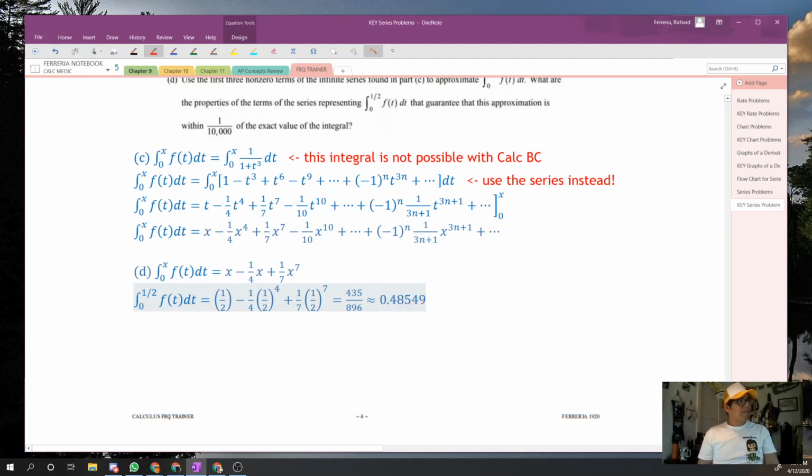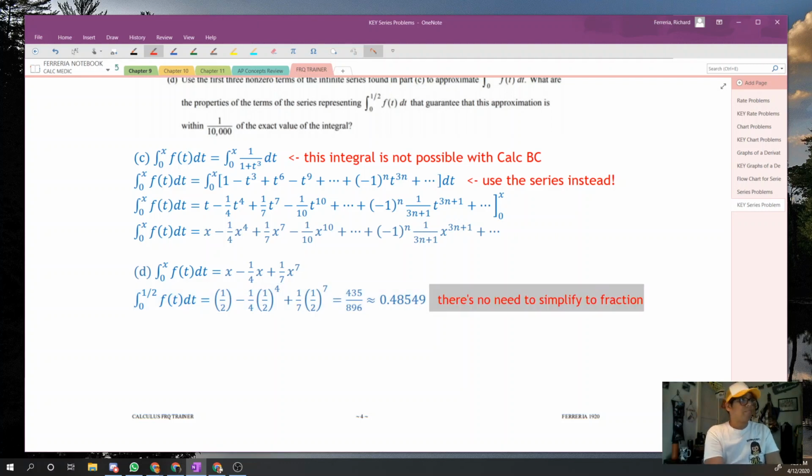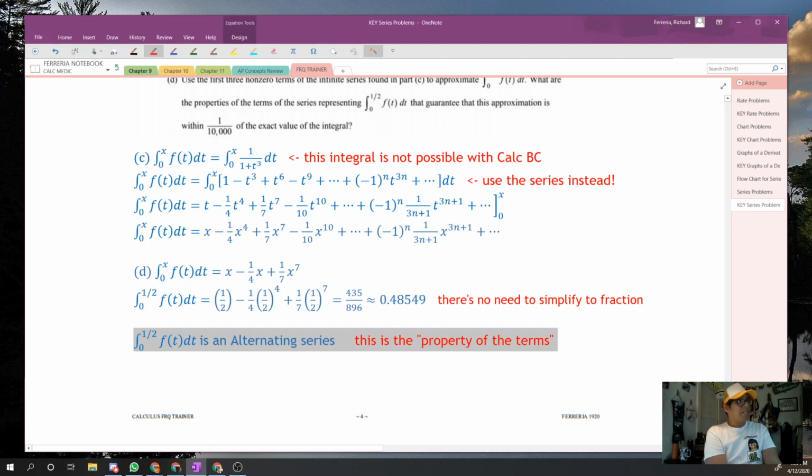Did you notice something about this series? Did you notice that it's alternating? If a series is alternating, that means the error should be less than the very first term that is unused. That's a property that they were looking for. They're saying this is an alternating series, so we know how to calculate the error for an alternating series.